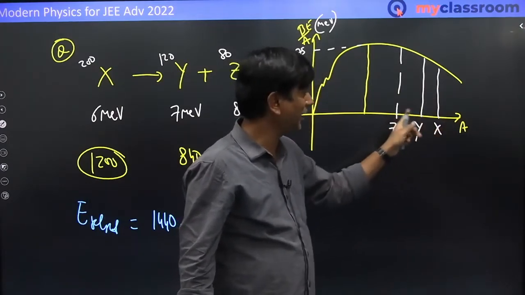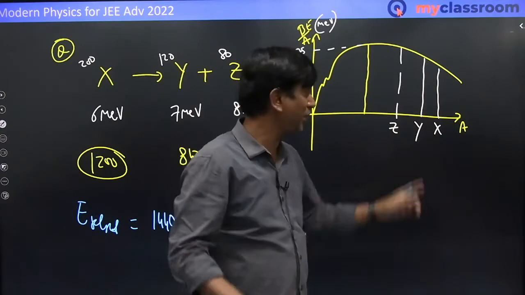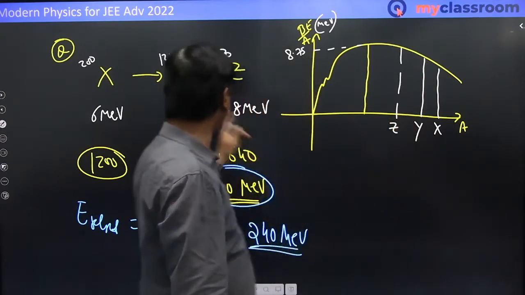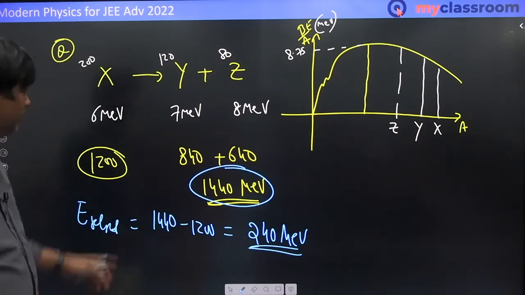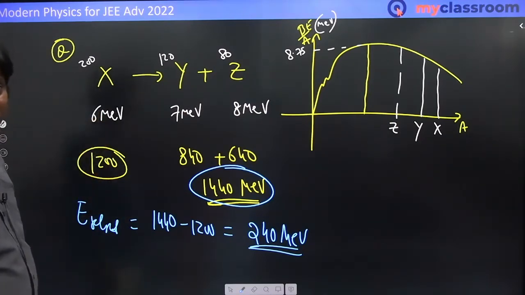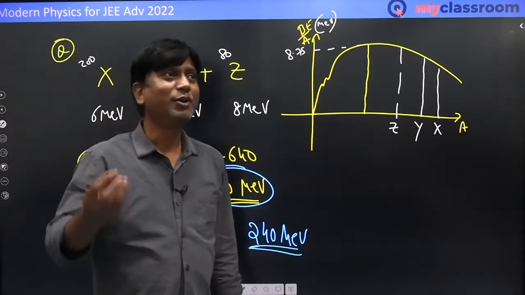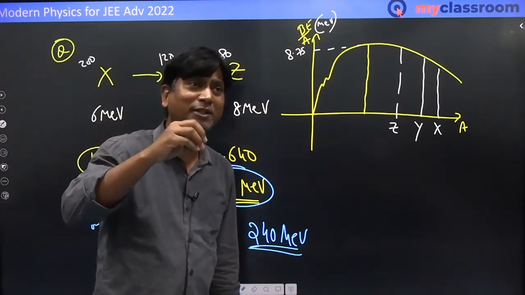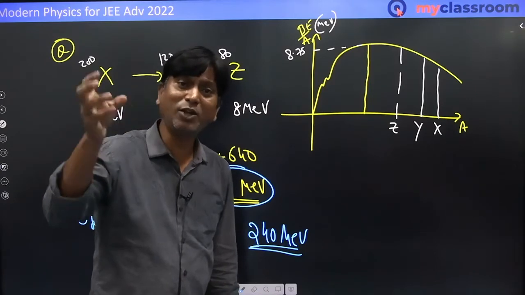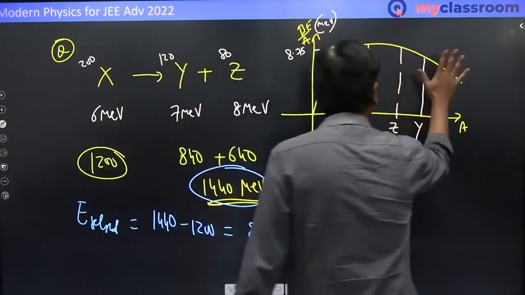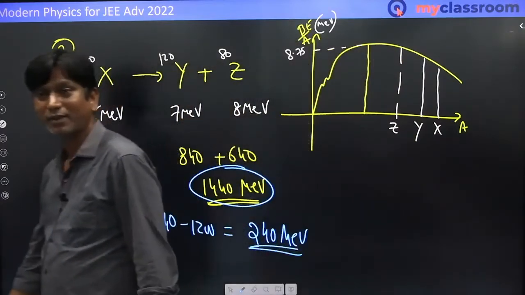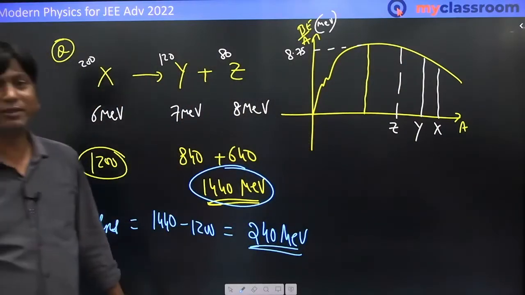And the two lighter nuclides' binding energy per nucleon are individually greater than the LHS binding energy per nucleon. That is why energy will be released. See, what I am saying is, nuclear fission should take place, I mean, heavier is splitting into two lighter and also energy should be released, means compulsory that reaction has to take place on the right side. Okay, then only energy will be released.